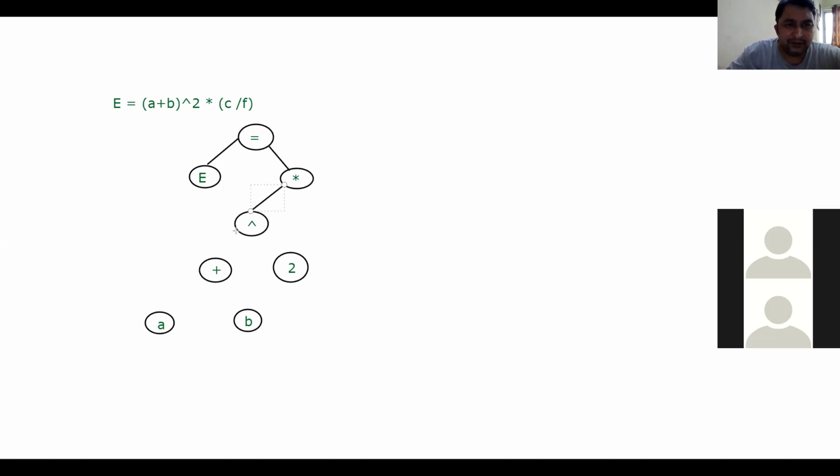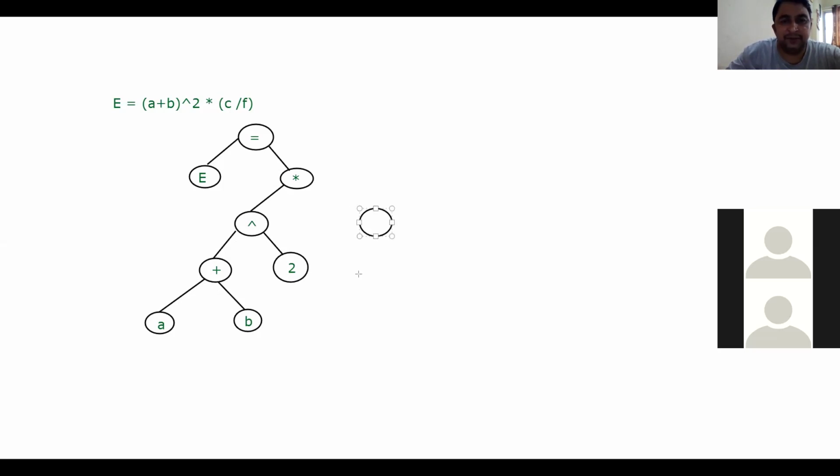Now I didn't complete this entire diagram as of now. I just completed a part. Now this right hand side is remaining, that is C divided by F. So out of C divided by F, I can take the major operator as division, right?